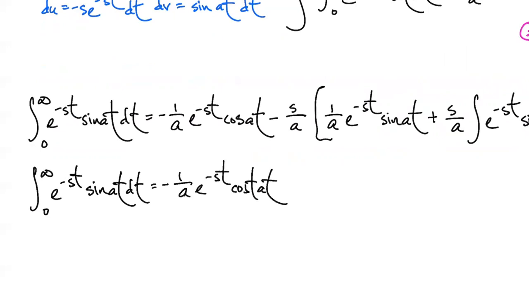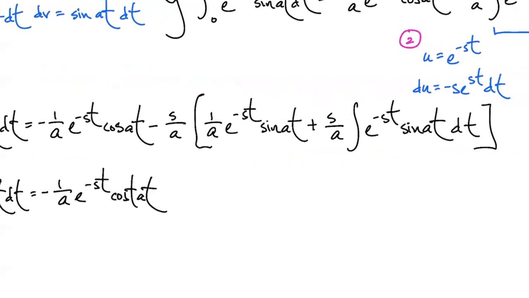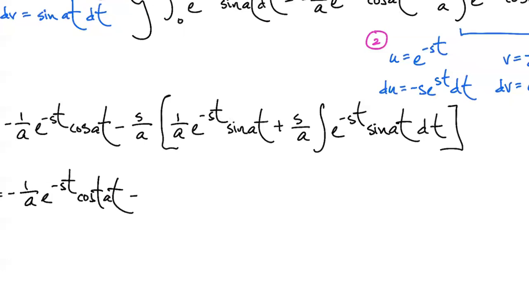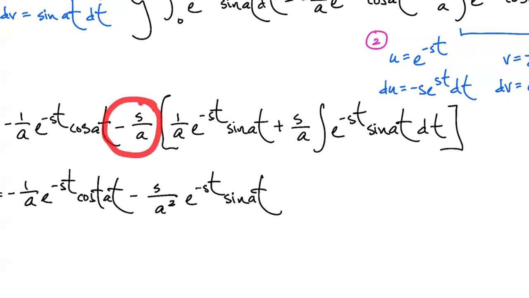So that part is fine. Now I have to distribute. So I've got negative s over a squared e to the negative st sine of at. And now when I distribute this other one, I'm going to get negative s squared on the top, a squared on the bottom.